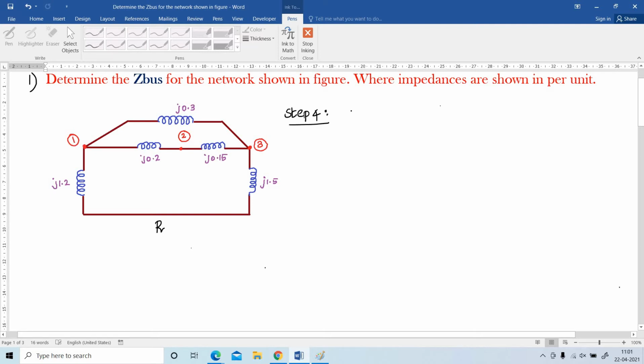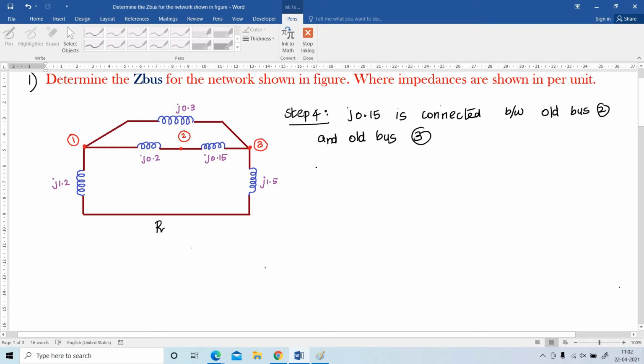Next, step number 4. J0.15 is connected between old bus 2 and old bus 3.